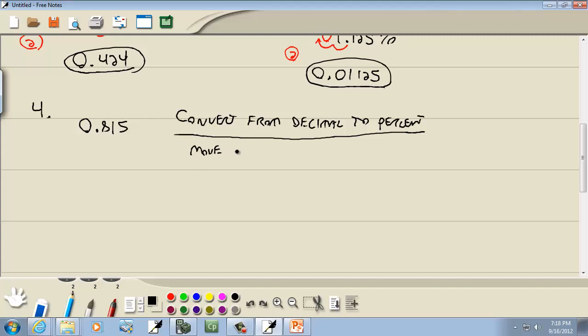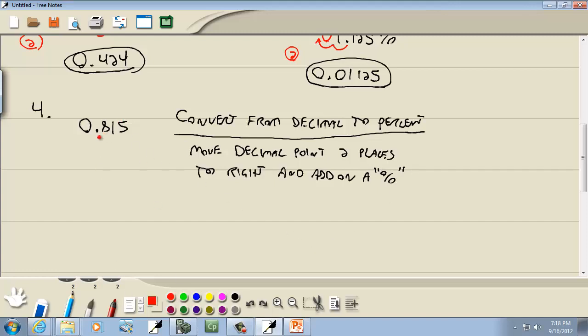What we're going to do is move our decimal point two places to the right, and add on a percent symbol.